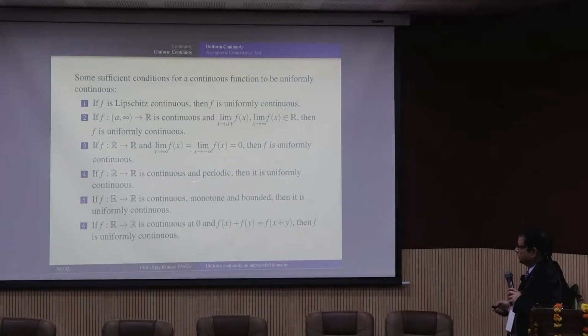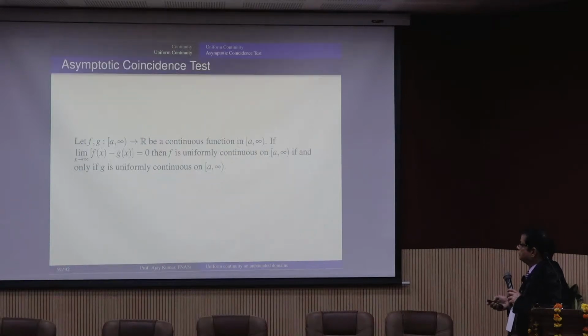If f is continuous and periodic, then it is uniformly continuous. A monotone bounded function is uniformly continuous. And if such a relation is satisfied, then again we get uniform continuity. So here is a criterion to see, as you have for series, we have a criterion like this. Most of these criteria you won't find in the books.